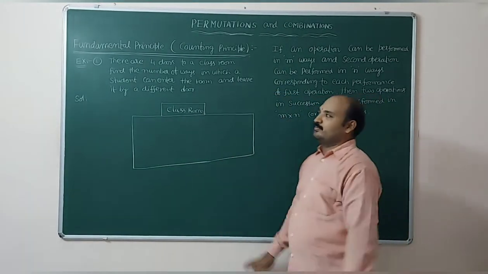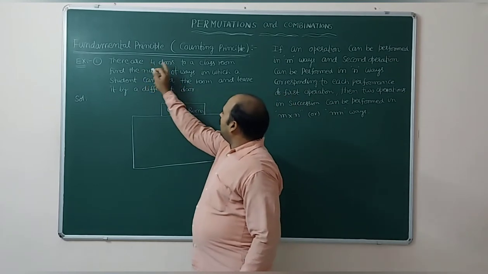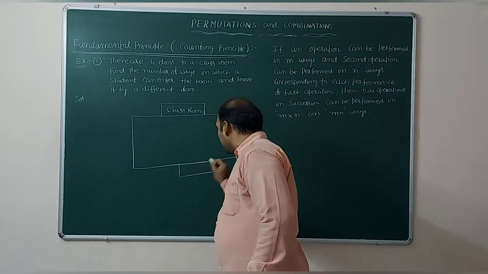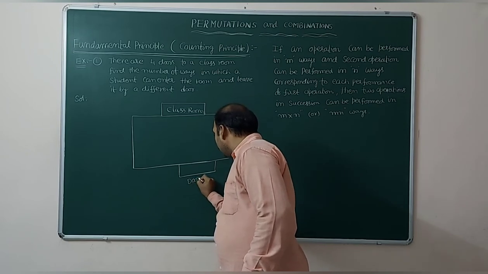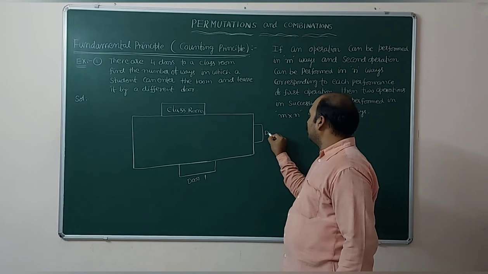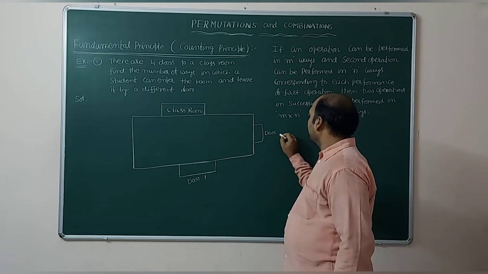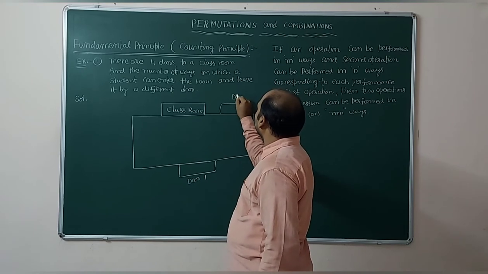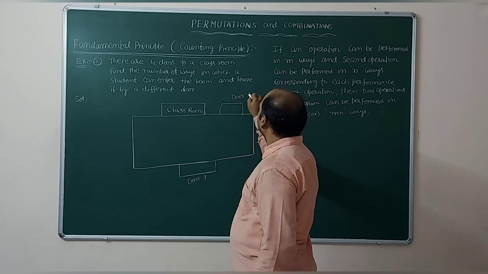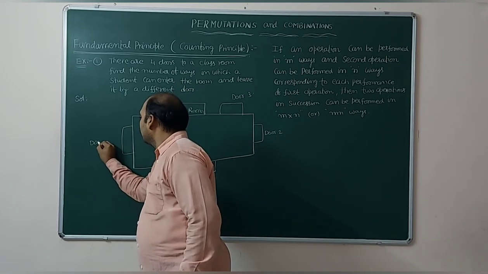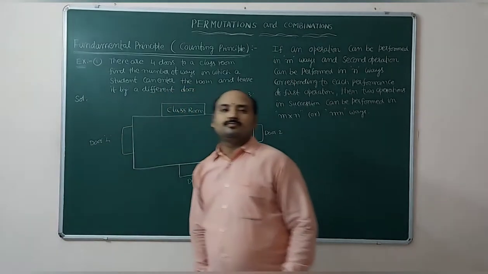This is the classroom. There are 4 doors to the classroom. Here, this is the main door, door 1. Second door, door 2. Here, door 3. Here, door 4.